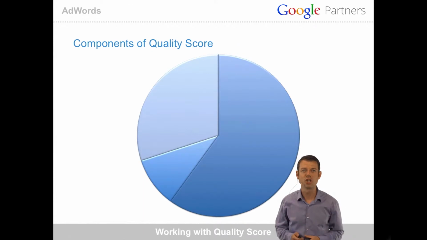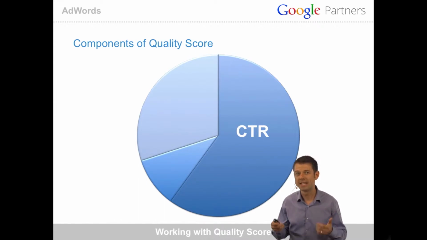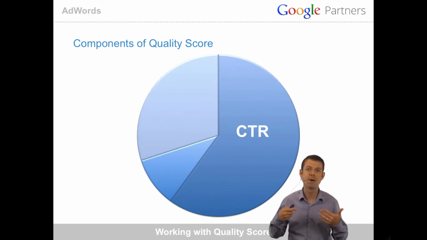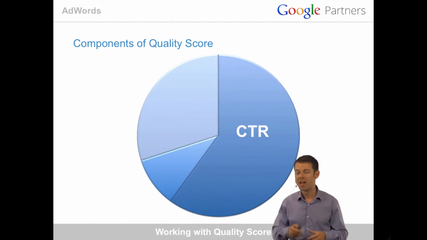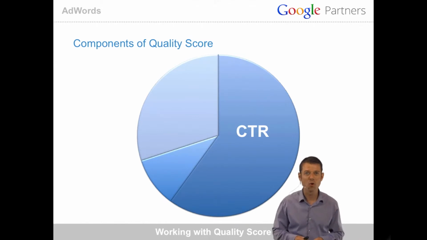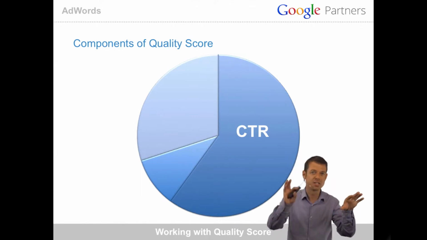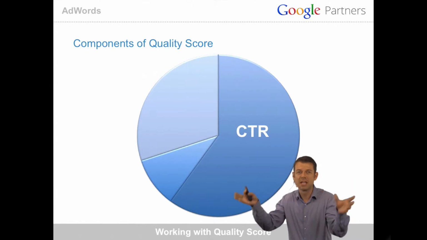So here's a big pie chart, and relatively speaking, click-through rate, or CTR, is the most important factor in quality score. And simply, this is Google applying the wisdom of the crowds to figuring out what are the best, most relevant ads. So it's not Google that goes out there and says, okay, this is a relevant ad, this is not a relevant ad, and making judgments like these.